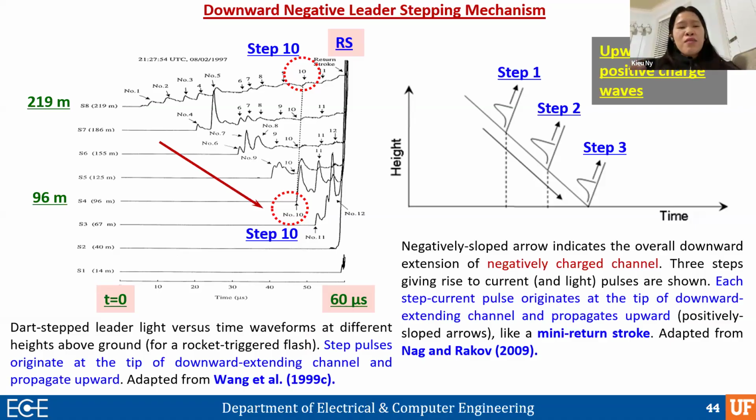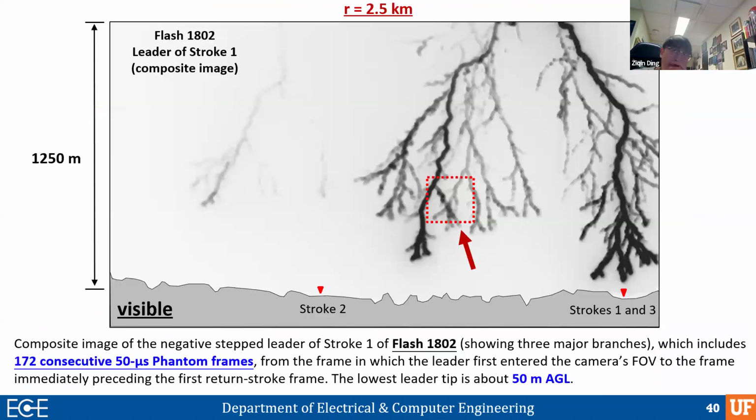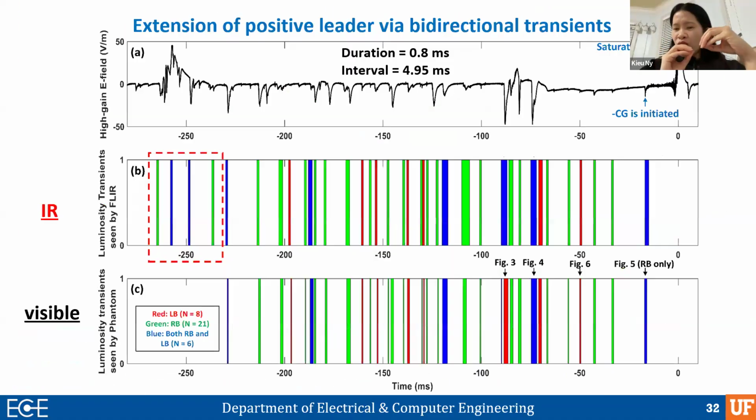But you just said that when you observe step leader, you didn't see the pulse. So when you say you don't see the pulse, you mean you use the electric field signal, the fast antenna signal, right? Yes. And at the beginning of the talk, you said that for the step leader we see the streamer at the tip of the leader, but for the dot leader we don't see that.